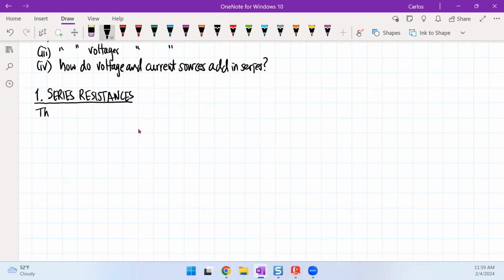The resistance equation tells us how resistors behave geometrically.